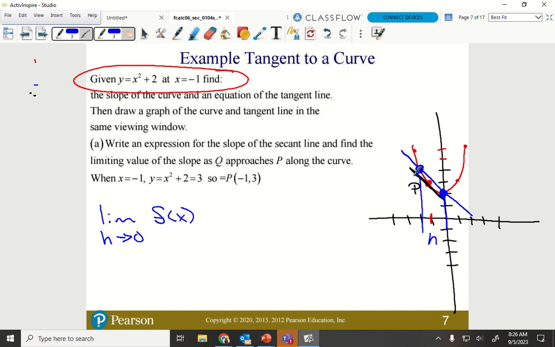So from here, I'm going to call this point f of x.